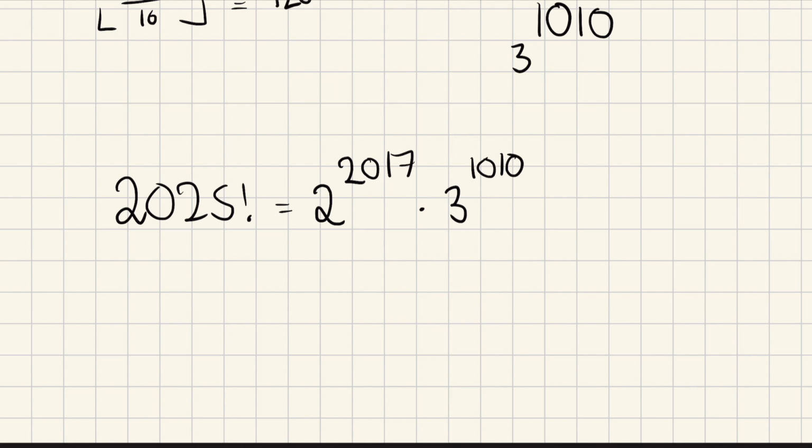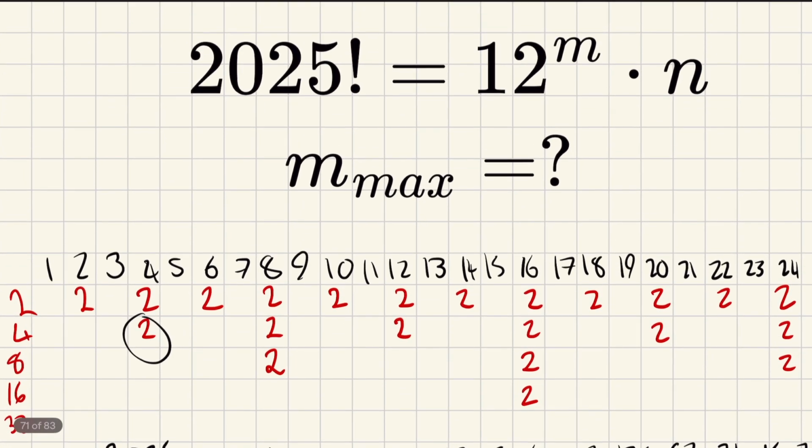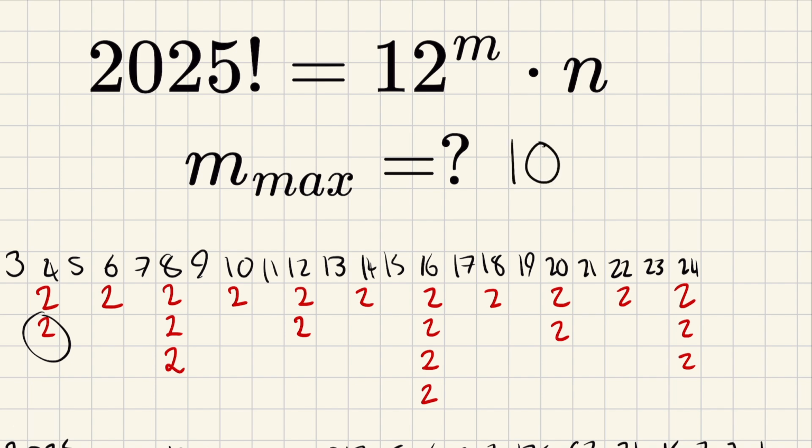Now we can actually write this as 4 times 1008 times 2, and here we're going to get 3 times 1008, and then we're going to have the extra 3's there, and the 1 extra 2 there. And now we're finally going to get 12 to the 1008. So what is the maximum value? 1008. You can divide 2025 factorial by 12, 1008 times.